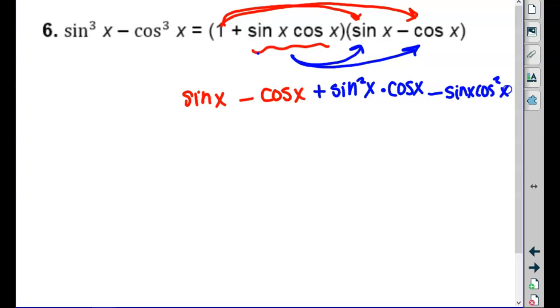Oh, I know what we were supposed to do. I mean, we should be able to go from here. No terms cancel out. But oh, I know what we can do. Maybe.